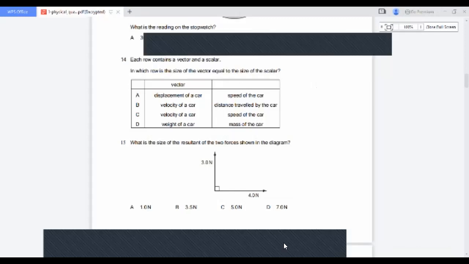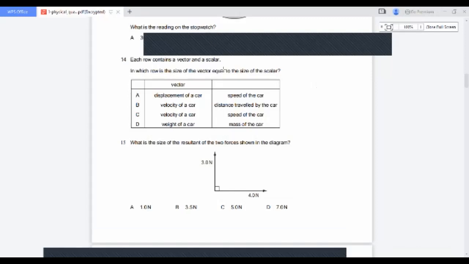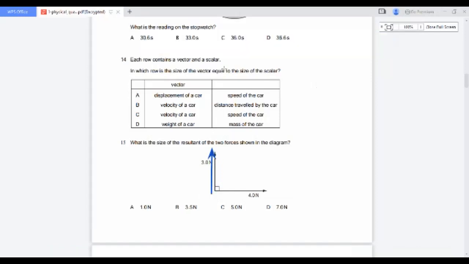So number 15 says, what is the resultant of these two forces? Suppose this is your 3 Newton force. By the head to tail rule, if I move it here, now approximately our resultant vector would be here.